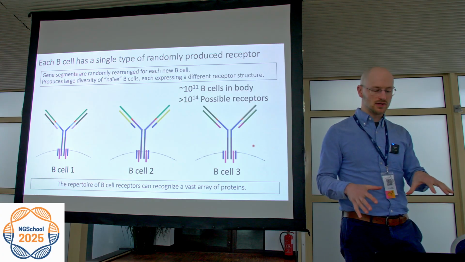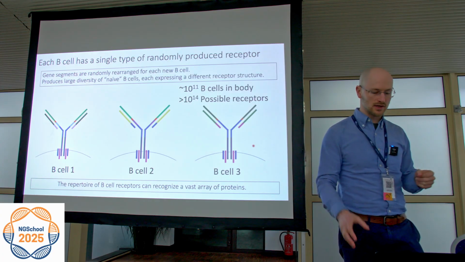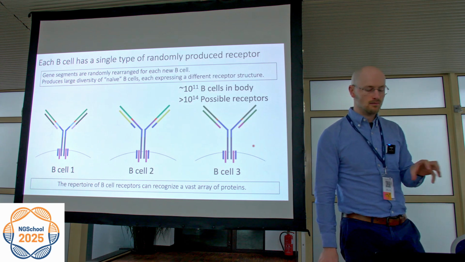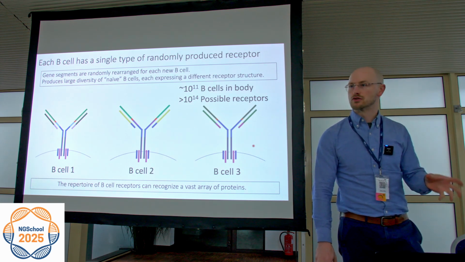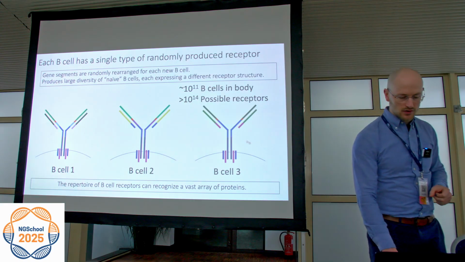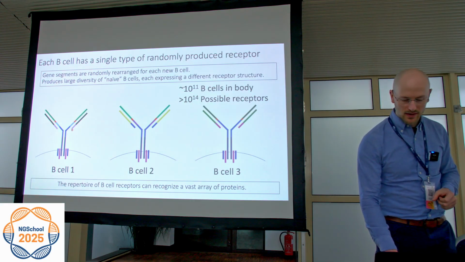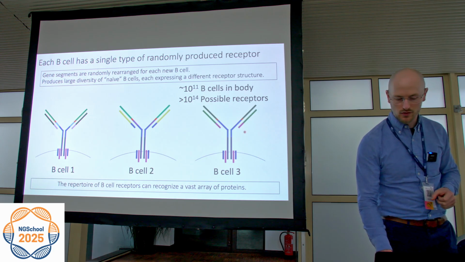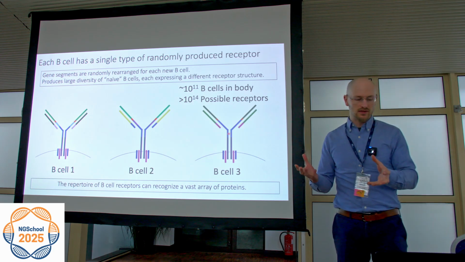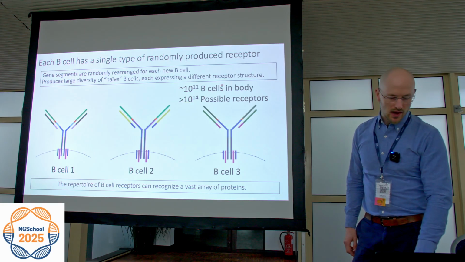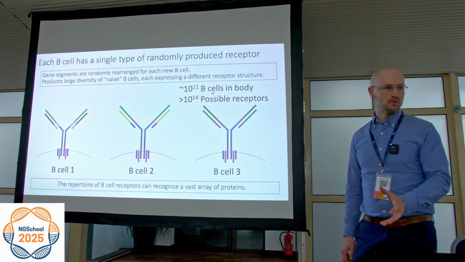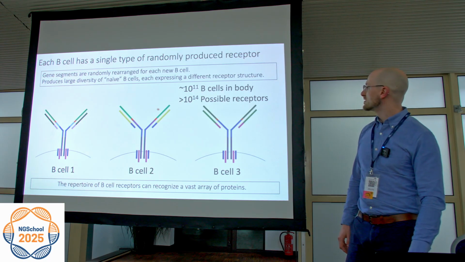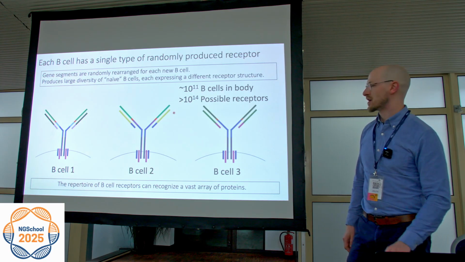And this produces a large diversity of naive B cells, each expressing a more or less unique receptor structure. So we have B cell 1, and it has these different gene segments for its receptor, B cell 2 and B cell 3, each with different gene receptors. And of the about 10 to the 11 B cells in your average human adult, there's more than 10 to the 14 possible receptor combinations.